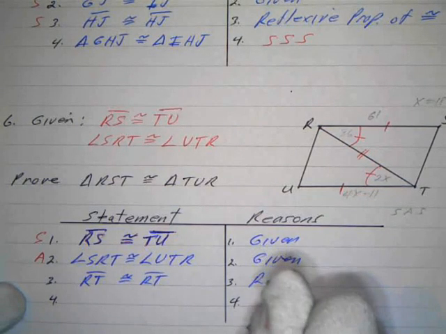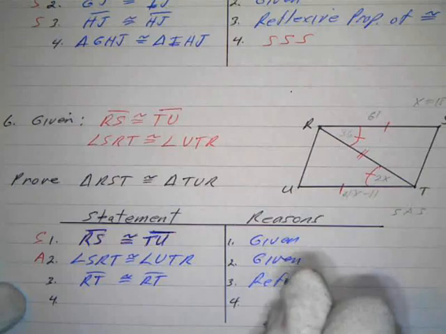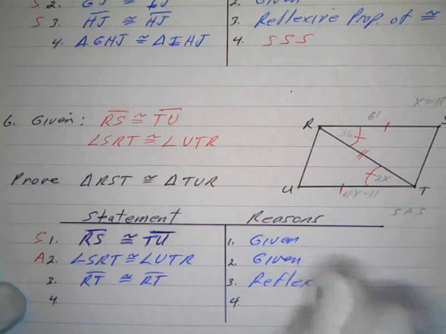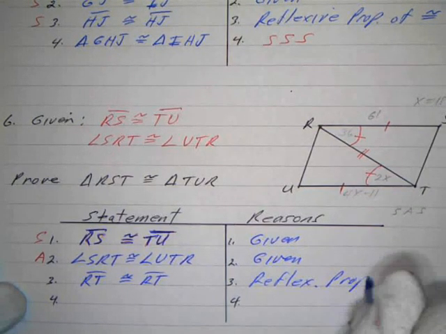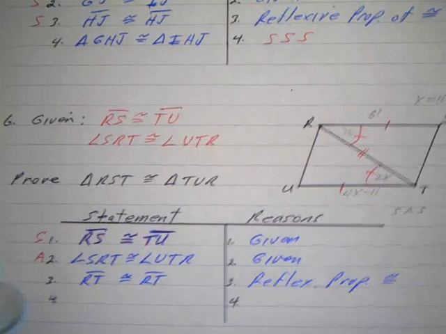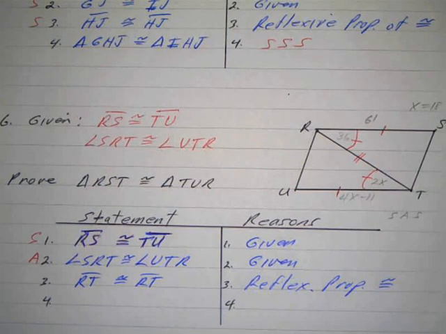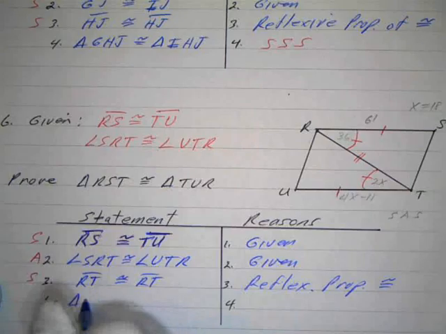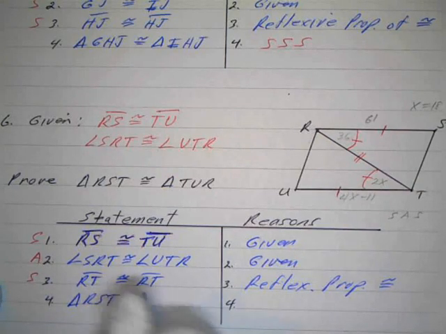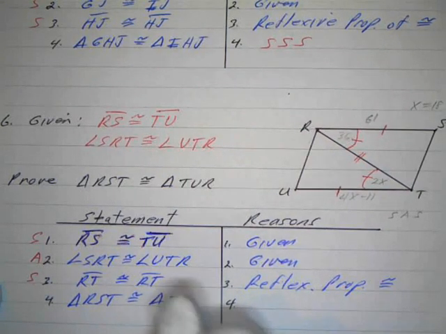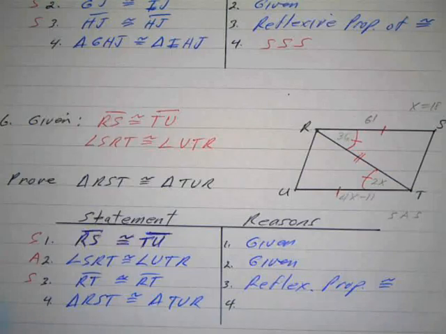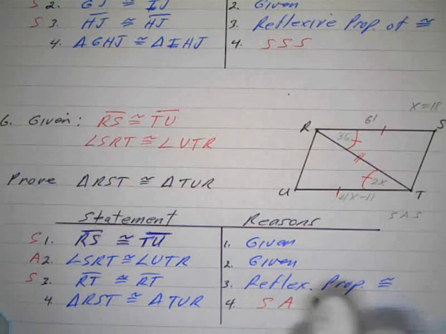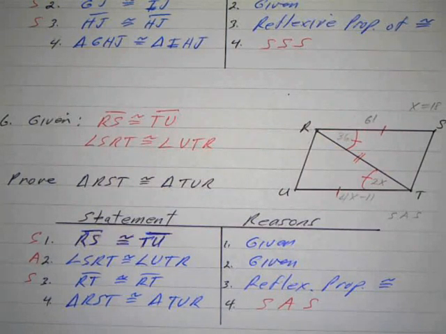That's the reflexive property. I'll just abbreviate there a little bit more this time. Reflexive property of congruence, and that's the other side. So now these two triangles are congruent by side, angle, side. So triangle, what I want to state, proof, RST is congruent to triangle TUR by side, angle, side. Okay? So I hope that makes sense.